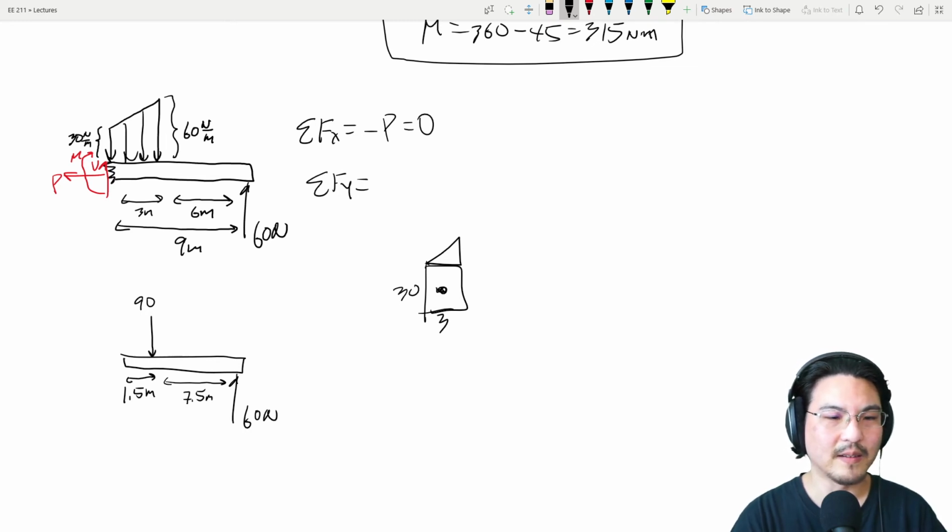Okay, and then for the triangle part, 1/2 base times height. So this is 30, right? The rectangle is 30. Right here to here is 30. Here to here is 30.